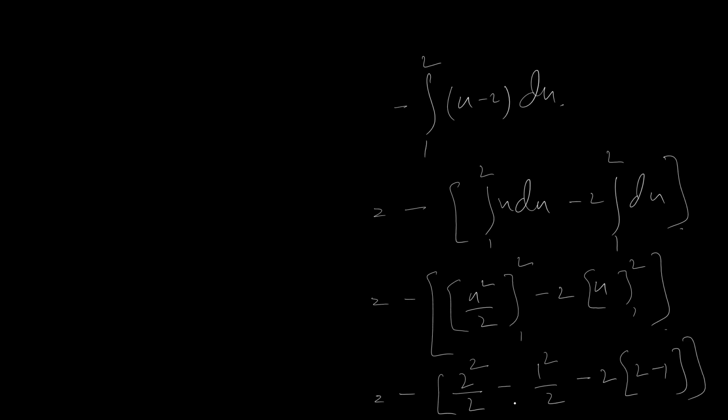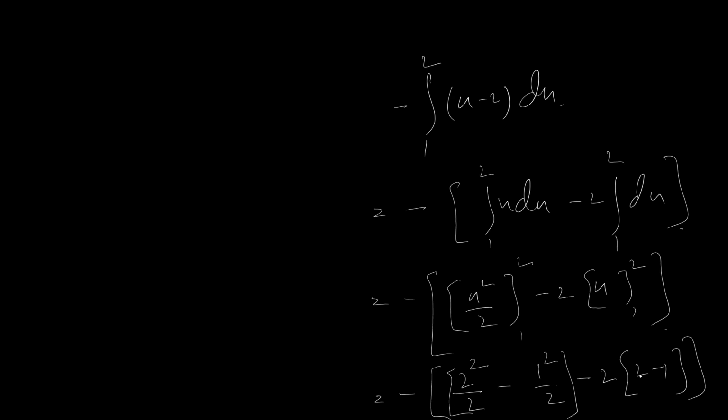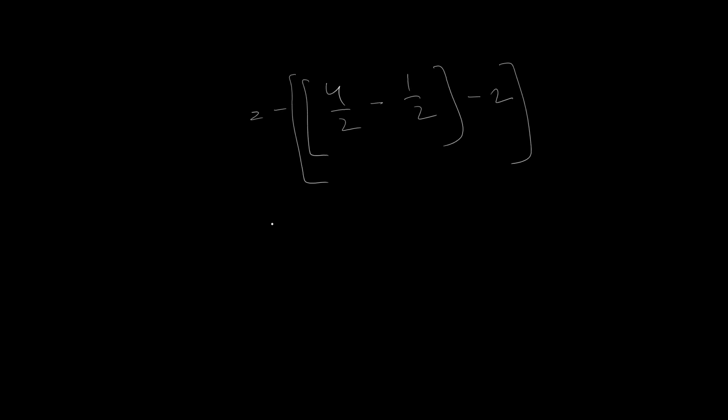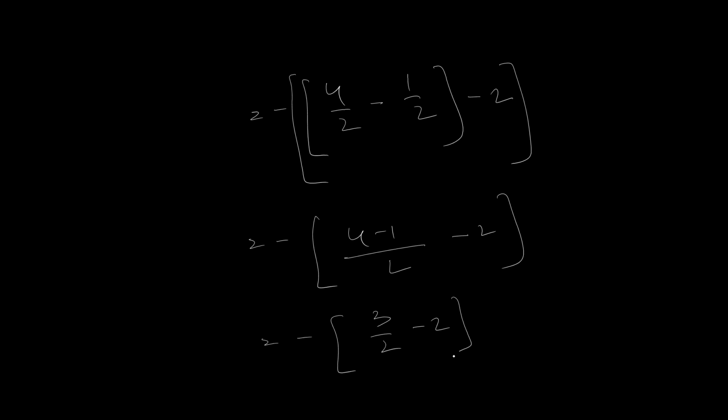Give a bracket here also. So this is what I will get: minus, 4 by 2 minus 1 by 2, minus 2 times (2 minus 1), which is 1. So this is minus of 2 minus... let's keep it, the LCM is 2, so 4 minus 1 is 3 by 2, minus 2.